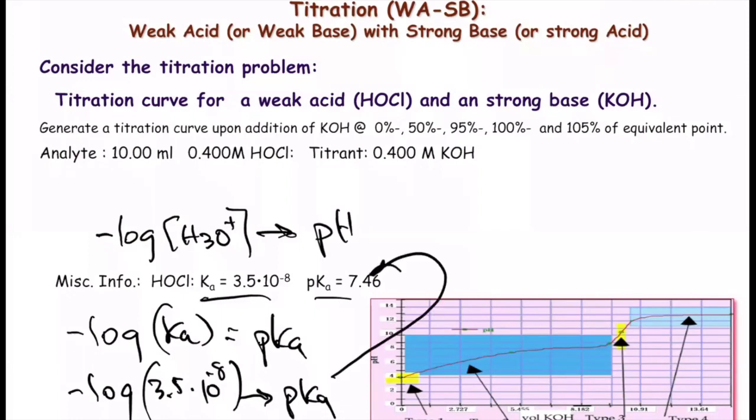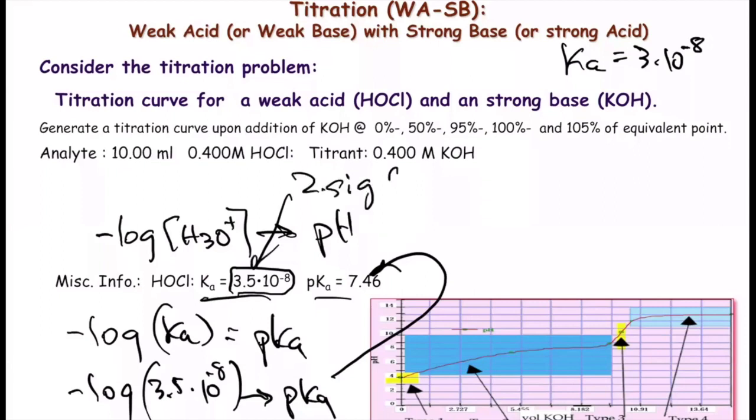In the old notes, I gave you a less precise number. I just updated this today; I gave you a Ka of 3 times 10 to the minus 8. I wanted to be more precise here because my Ka is two significant figures, so my pKa has to have 2 digits past the decimal point, because the digits after the decimal point signify significant figures in log functions.